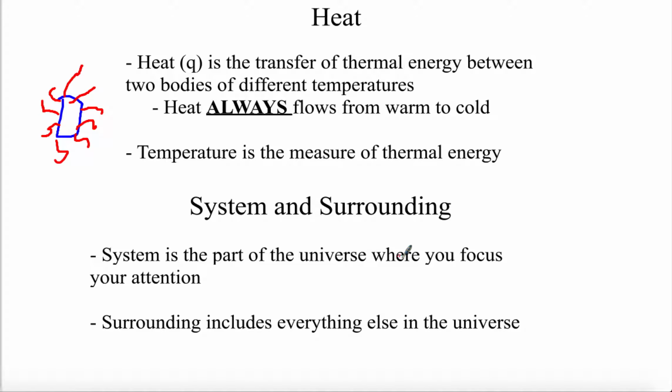So for example, if we're talking about heating a cup of water, we'll say that the cup of water is the system because that's what we're focusing on, and then everything else will be considered the surrounding. So everything around the cup of water.